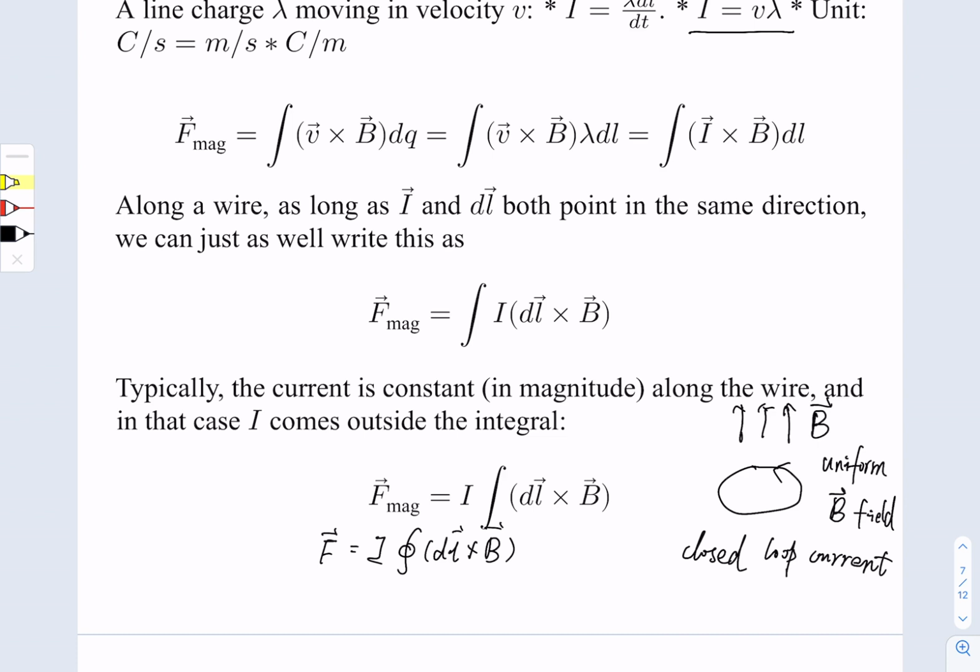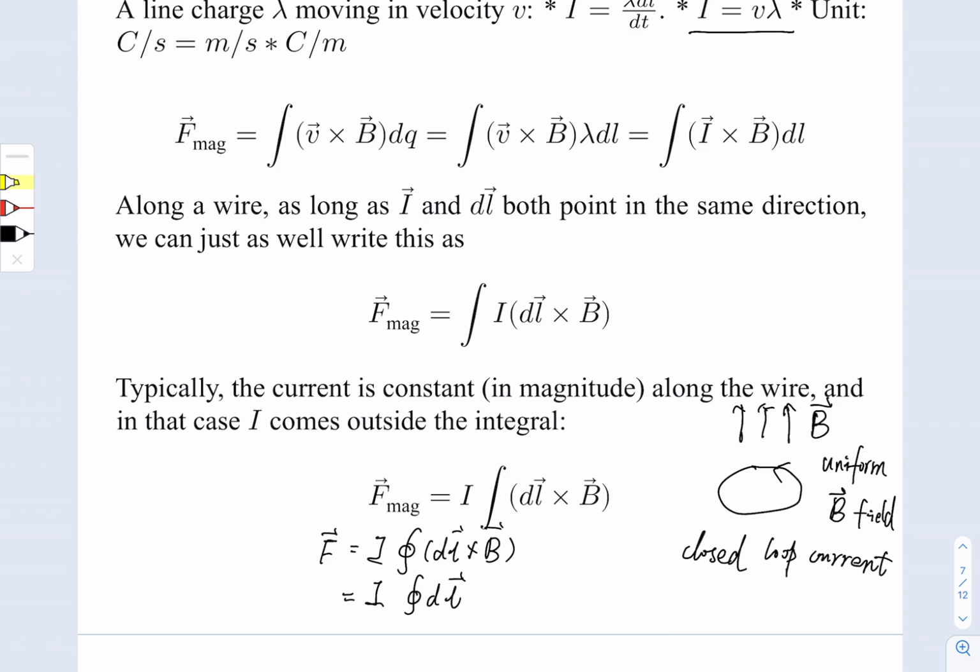So the reason is because, just like how we did to this I term, here we see that I is a constant, so we can pull this out of the integral. Because this B is a constant, we can pull this B out of this integral as well.